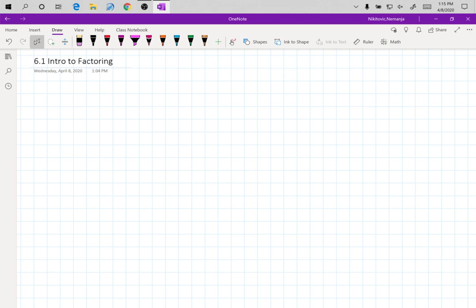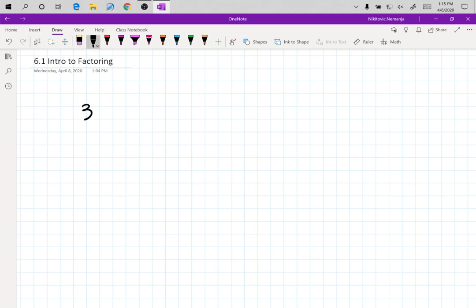Let's talk about factoring. The word factoring contains the word factor inside, right? A factor is each one of the numbers that are multiplied into a product.